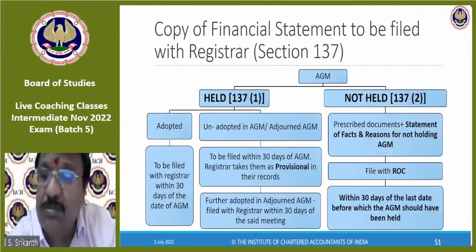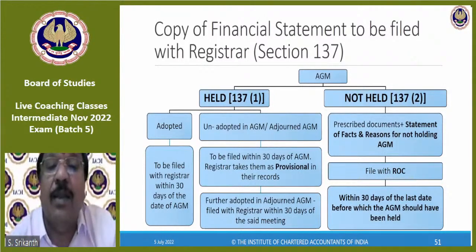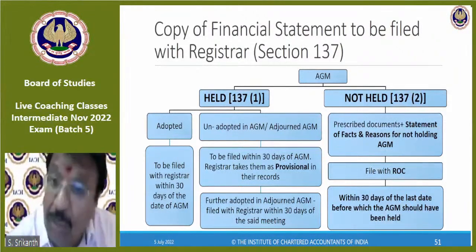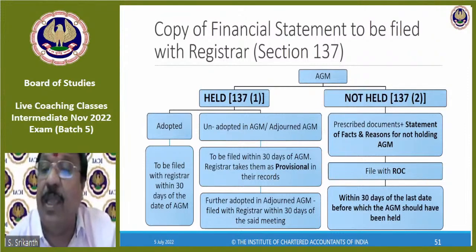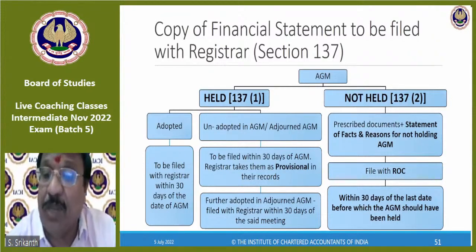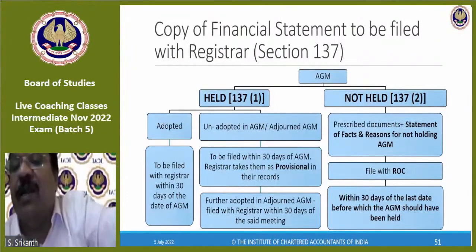annual return. Okay. So where it is not held, then the financial statements and annual return should be filed within 30 or 60 days as the case may be from the last date before which the AGM should have been held.